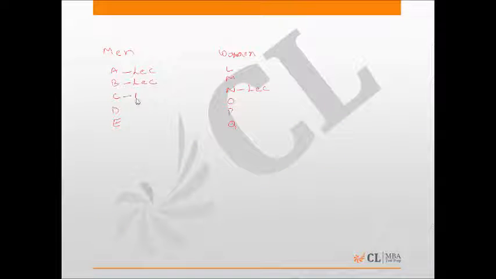So I will write in short ER after C, D, L, M and O, and the rest are doctors. So E is a doctor, P is a doctor, Q is a doctor.